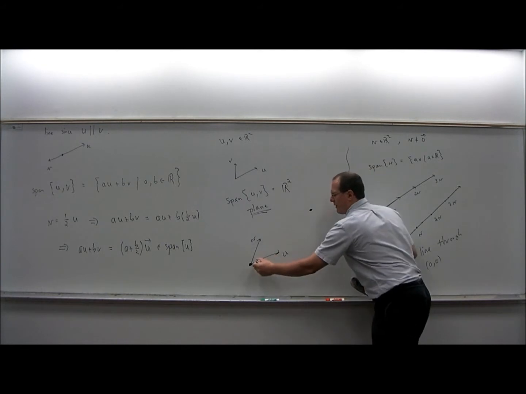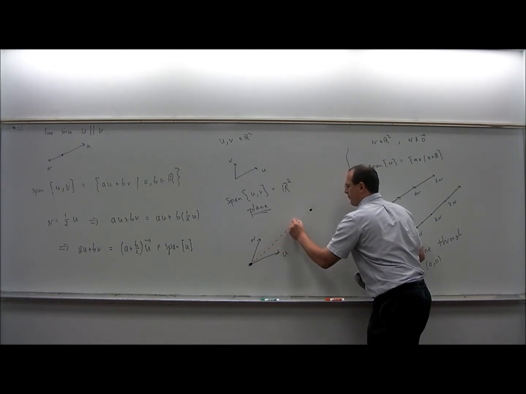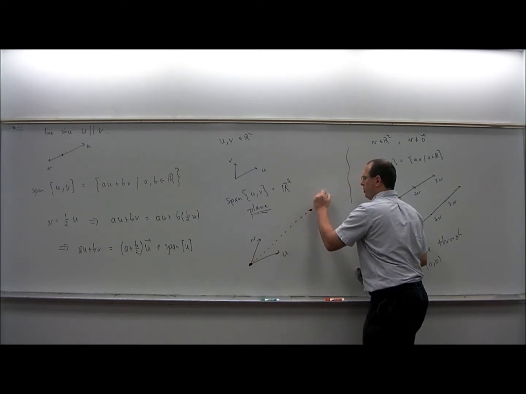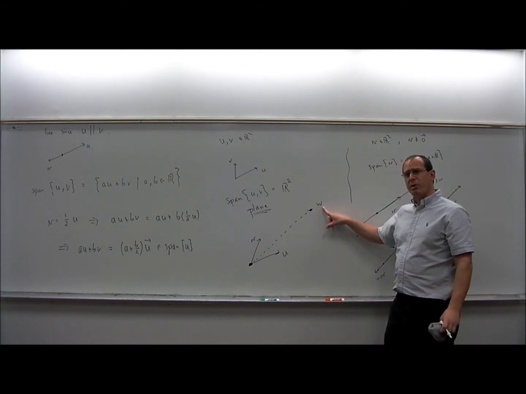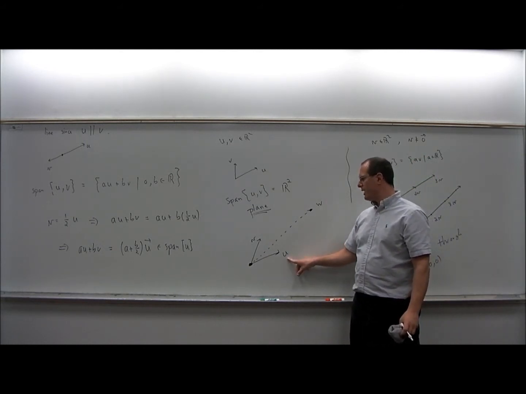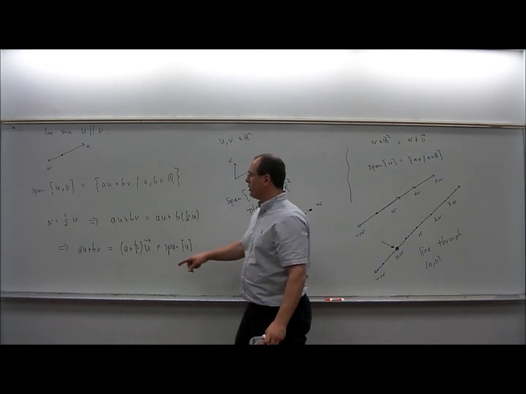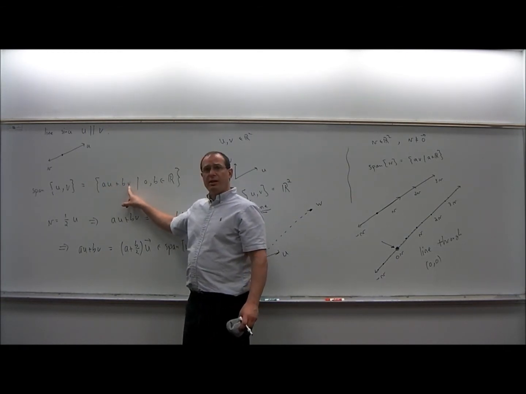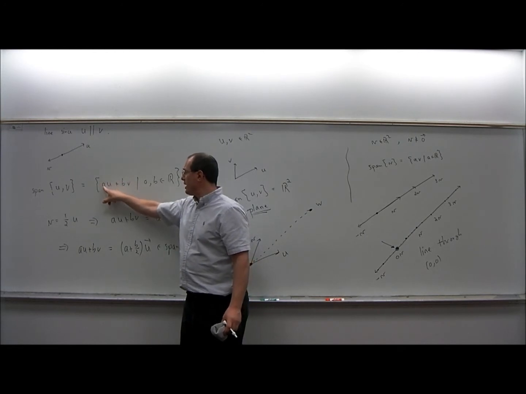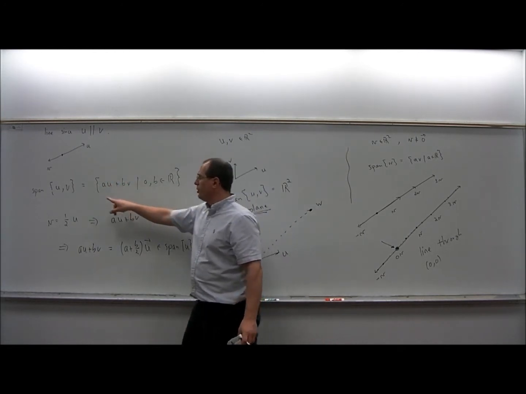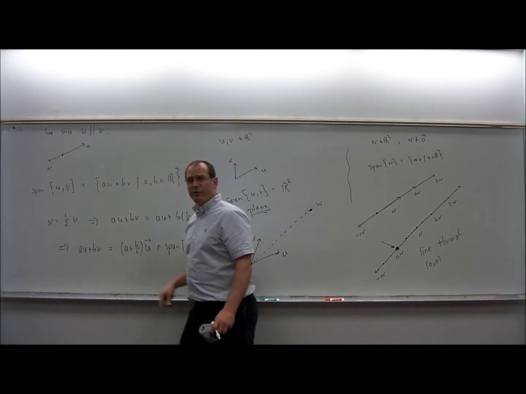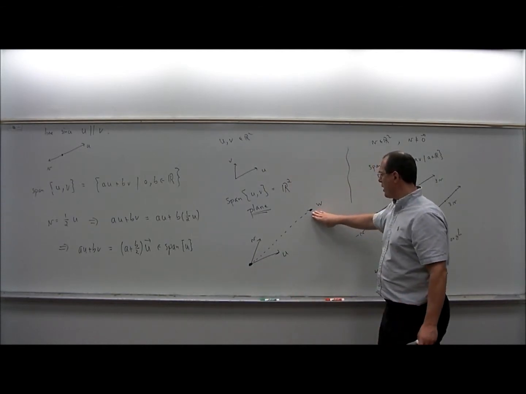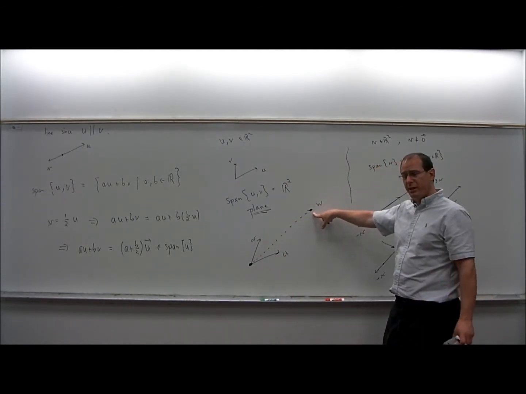And so we'll think of that point as really being a vector. Let's say it's w. Then we could express w as a linear combination of u and v. In other words, we could write w as au plus bv for some coefficients a and b. And so w will be in the span of u and v. And it doesn't matter where you put w in the plane, I'm going to put it here.